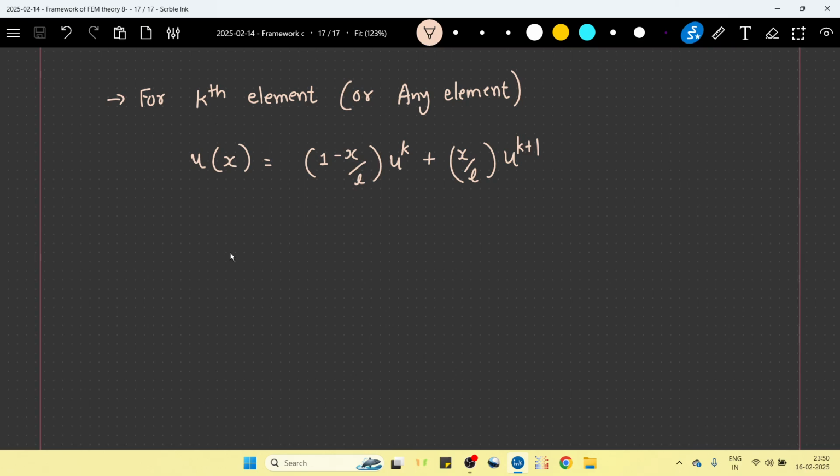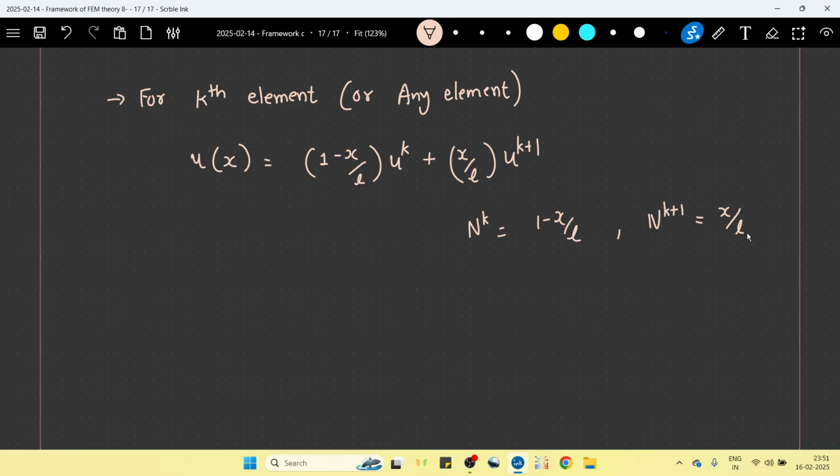Okay, and we can say this is the shape function; you remember we said earlier u is equal to n1 u1 plus n2 u2. So here, nk uk plus nk plus 1 uk plus 1. So nk is nothing but 1 minus x by l, and nk plus 1 is equal to x by l.